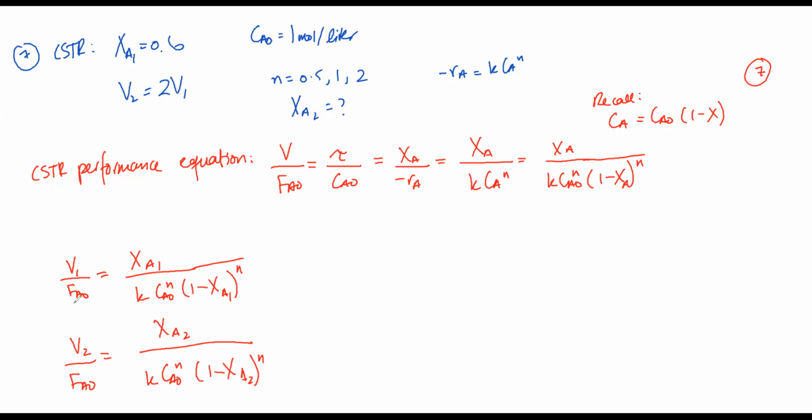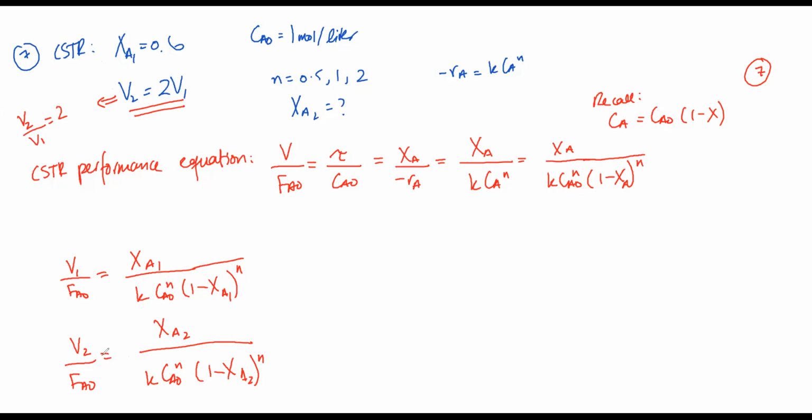I only have a relation between V1 and V2, so I'm going to leverage this expression to solve this problem. V2 over V1 is equal to 2, and this is what I'm going to do here.